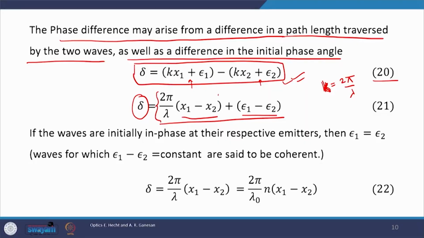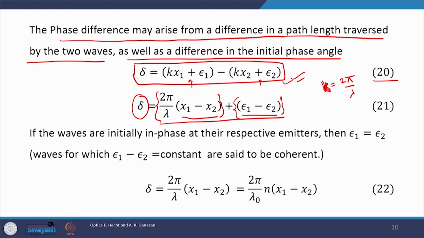If you multiply path length difference by a wave number, this path length difference gets converted into phase difference. Therefore, this first term represents phase difference due to the path length difference, while the second term, which is epsilon 1 minus epsilon 2, owes its origin in initial phases of the two waves.